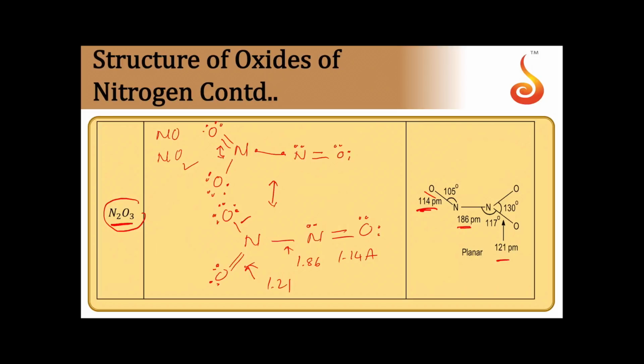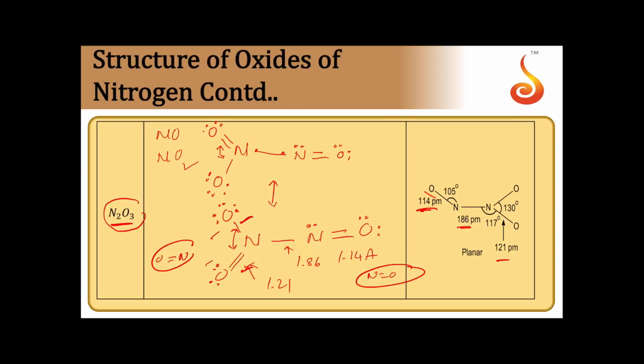And the bond angle is 130 degrees on this side. This is not a linear structure. This side the angle is found to be 105 degrees. So remember that on this side both bond lengths are the same. And the NO bond lengths on this side and this side, these two bond lengths are not the same. But on this side both the bond lengths are the same.